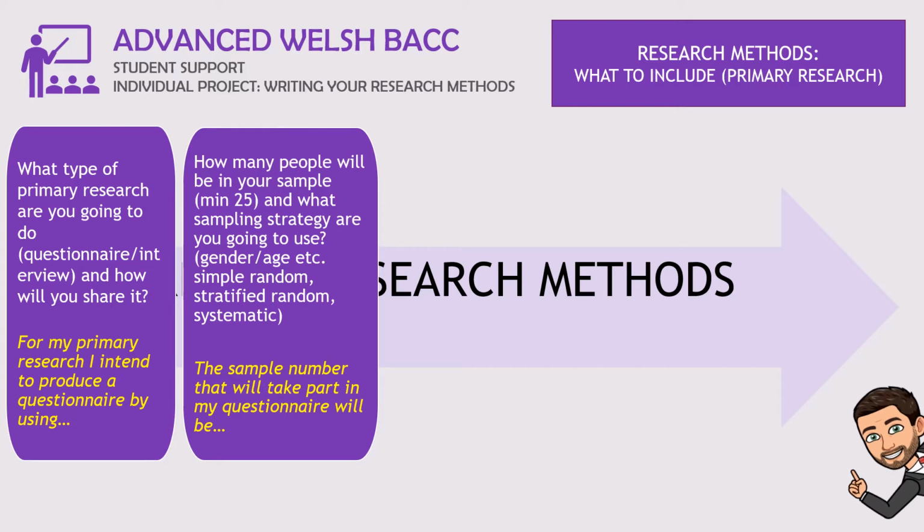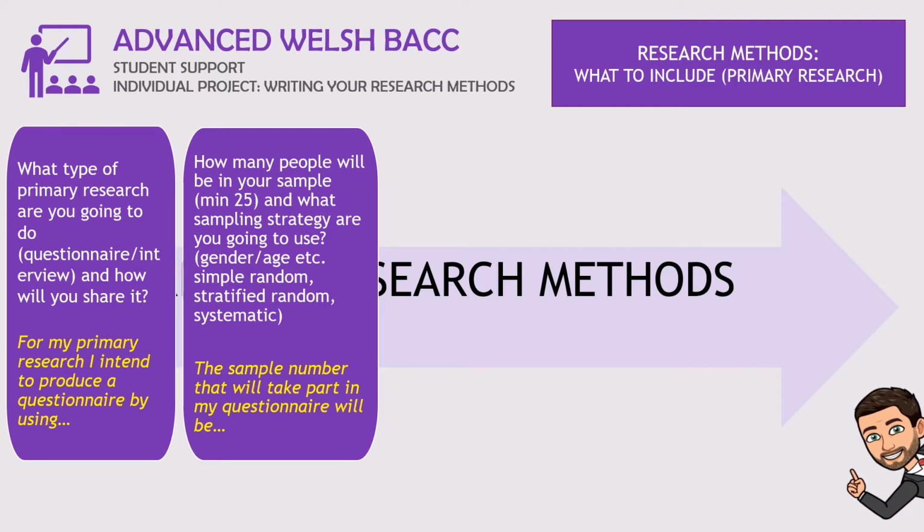But it could be really useful to talk about why you didn't use stratified random. Stratified random might be one that you use. Again, this won't make much sense yet until you watch later on in this video. But systematic, for instance, is quite a difficult one to apply.